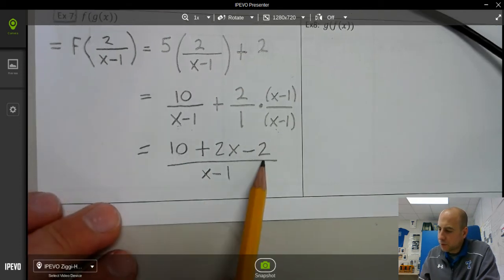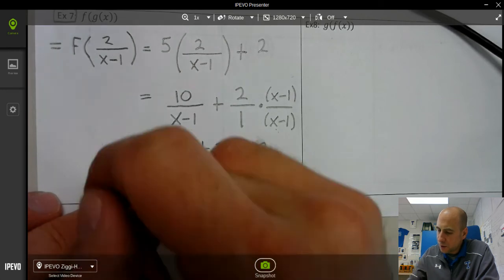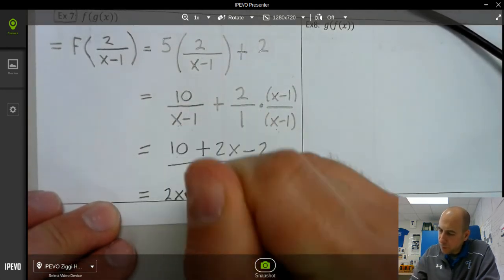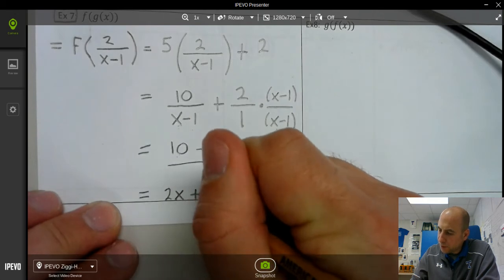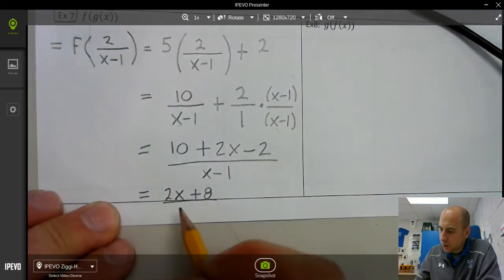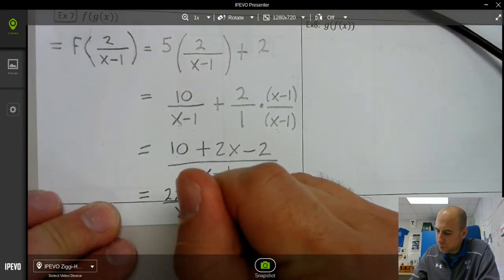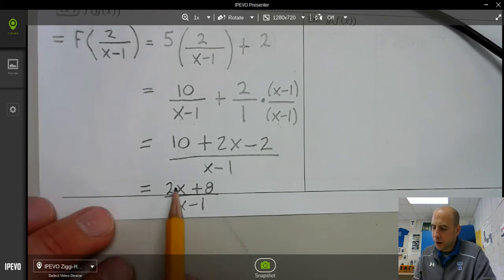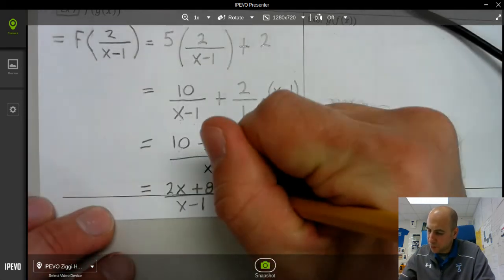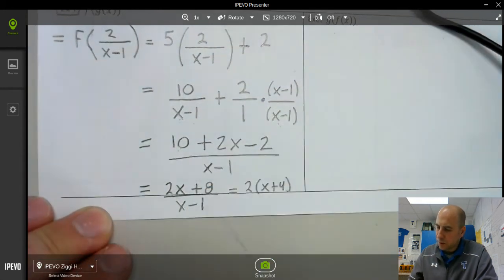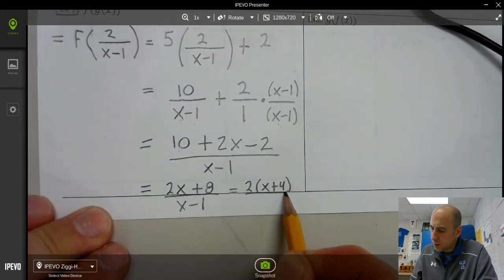We combine the 10 and negative 2, so 10 minus 2 is 8. So we get 2x plus 8 divided by x minus 1, which we can factor out a 2 from, so that becomes 2 times (x plus 4) divided by x minus 1.